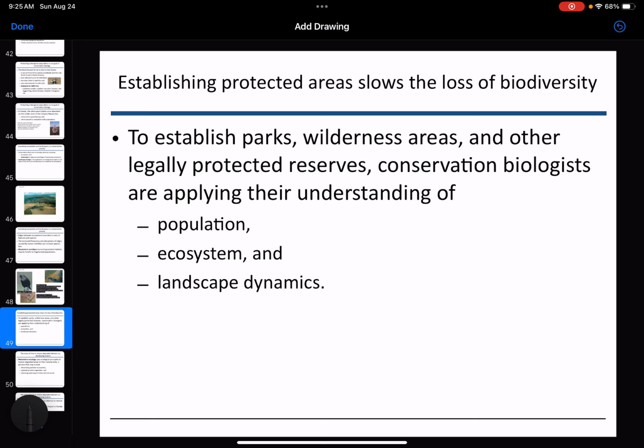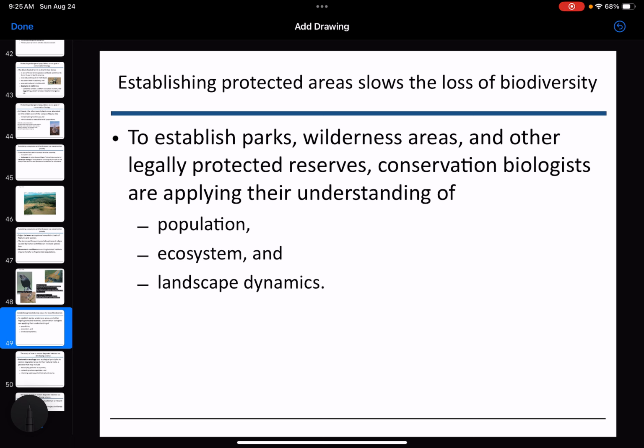So things like our national parks. Closest one to us would be Joshua Tree National Park. That's an excellent park we ought to visit. And we also have state parks, and those state parks would also have some sort of policies, maybe even local laws to help maintain the biodiversity.